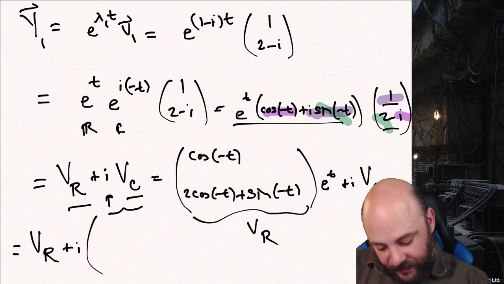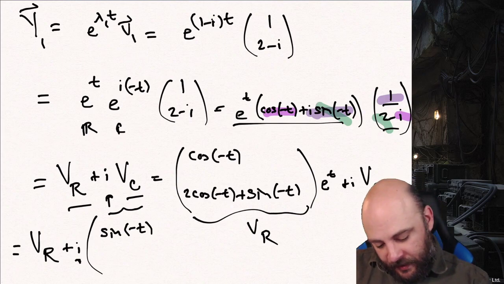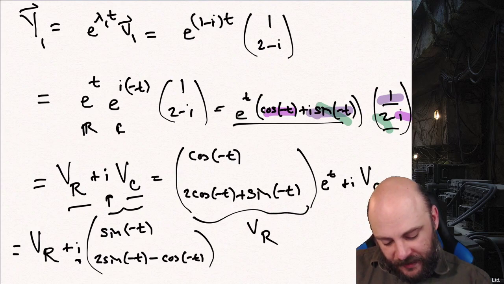In the top spot is sine negative t, because we see the i's on the outside, so I don't have to rewrite it constantly. And then the bottom is 2 sine negative t minus cosine negative t. And this right here is my VC.